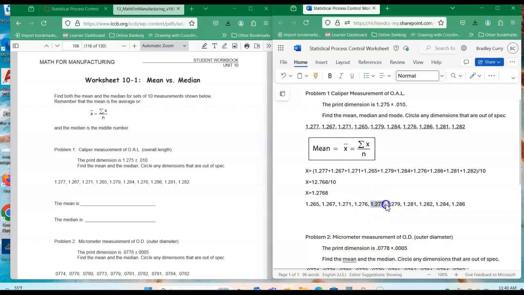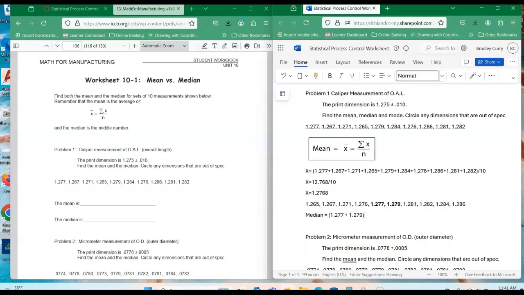So as we see with both of these, let's just go ahead and keep track of those. I'm going to bold those, and we're going to have to come down here and say, all right, so the median here equals parentheses 1.277 plus 1.279.